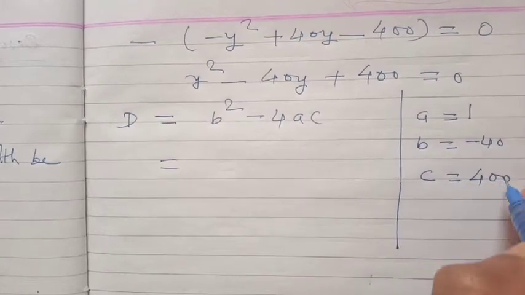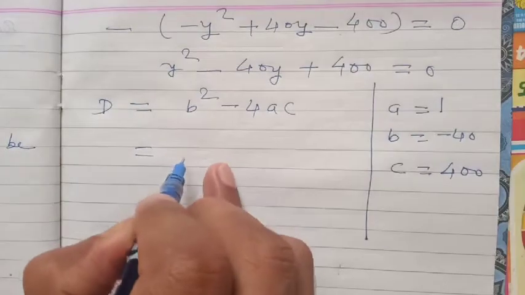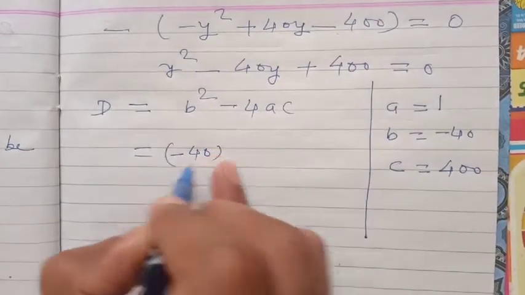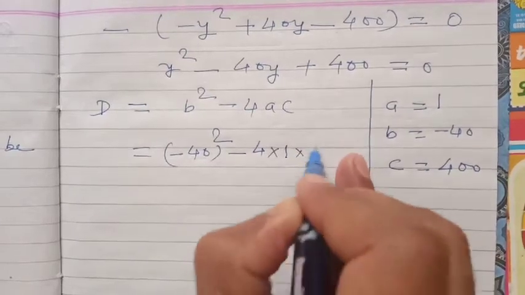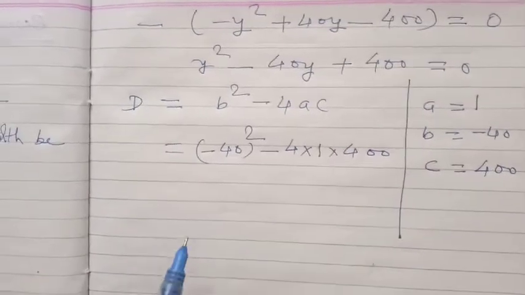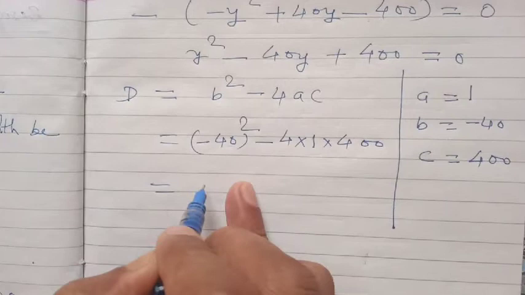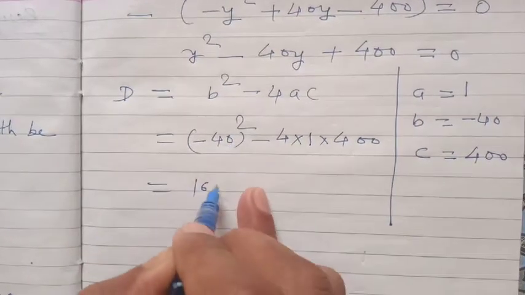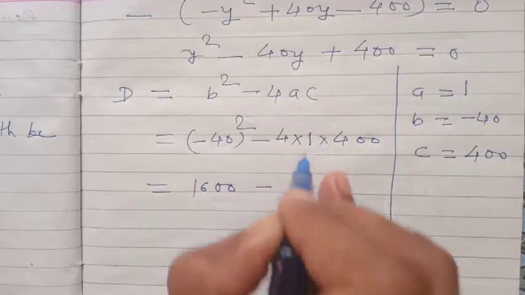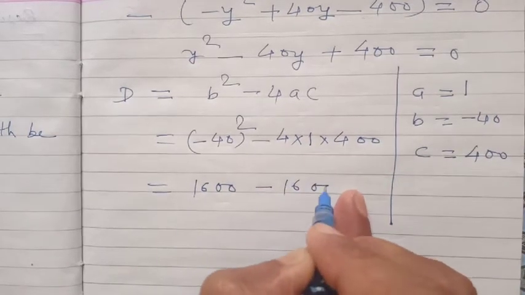Okay, so b square means minus 40 whole square, minus 4 into 1 into 400 by putting the value. That will be minus minus plus, and 4 fours are 16, two zeros will be there, minus 4 fours are 16.